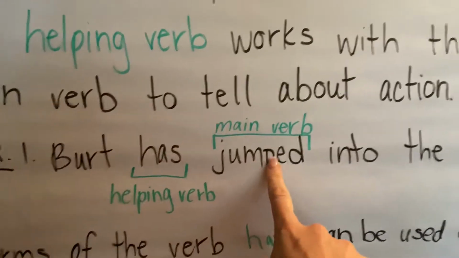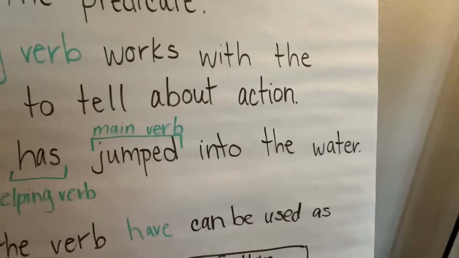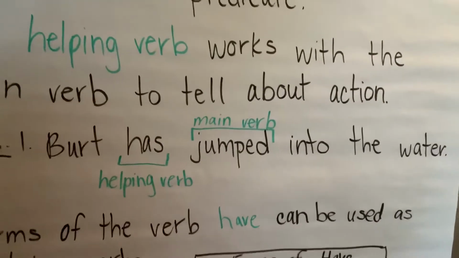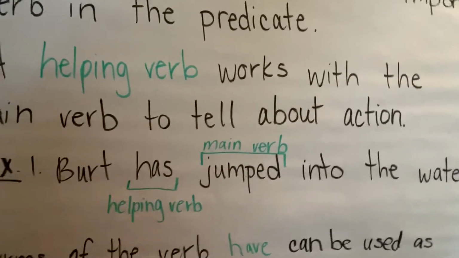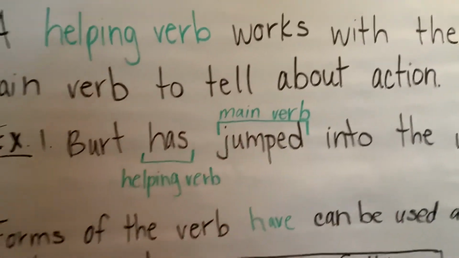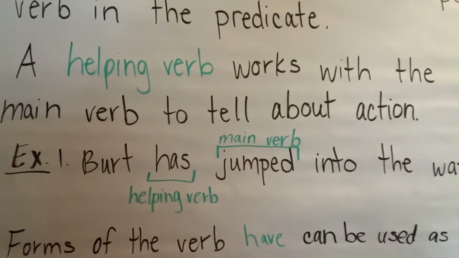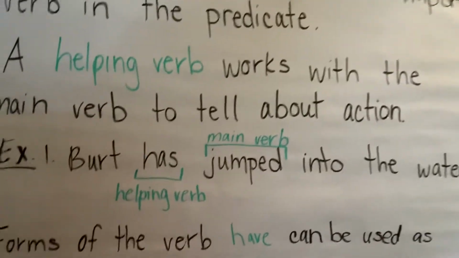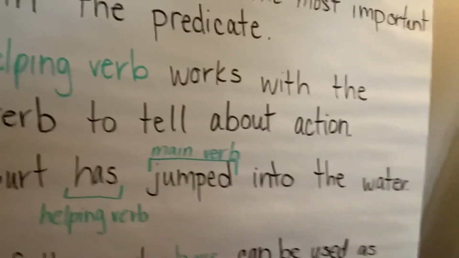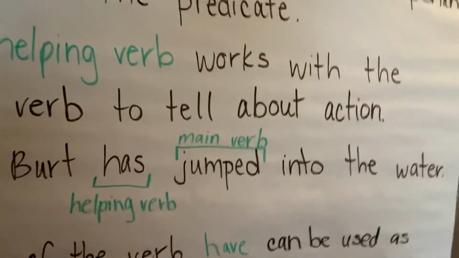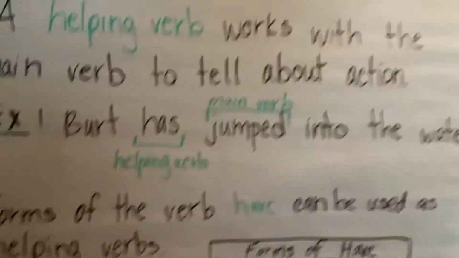Bert has jumped into the water. Okay, so if we look, has is our helping verb. Okay, jumped is our main verb. The reason why jumped is the main verb is because it's telling us what Bert is doing. It's his action, okay? And has is the helping verb, okay?